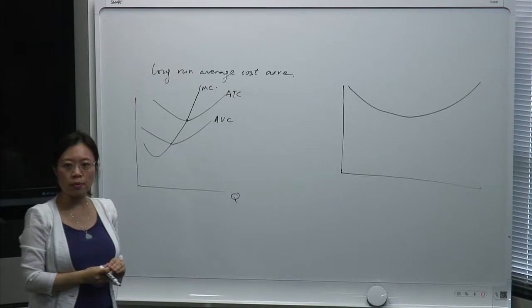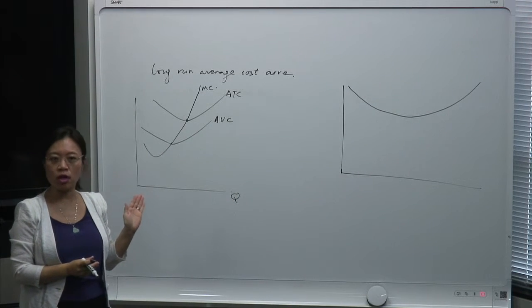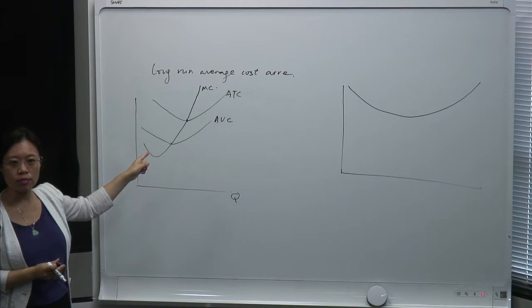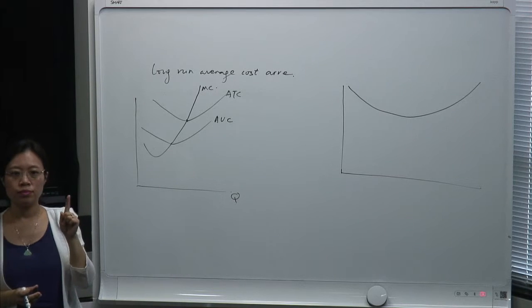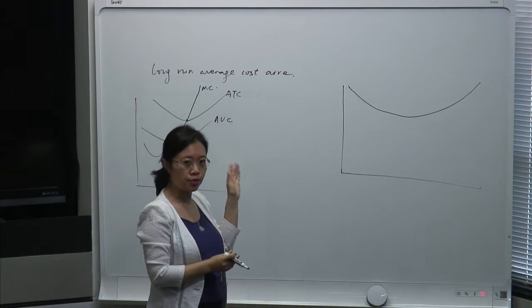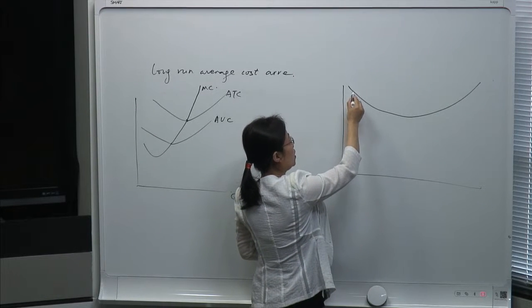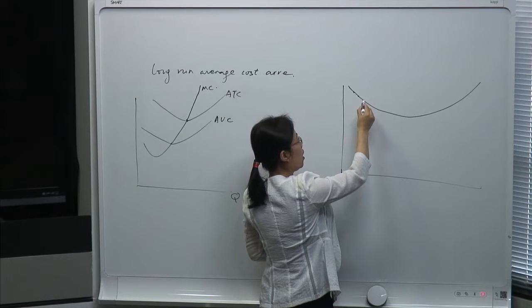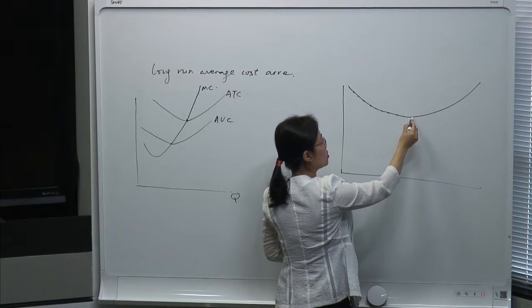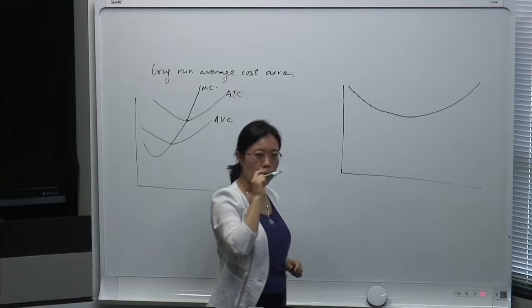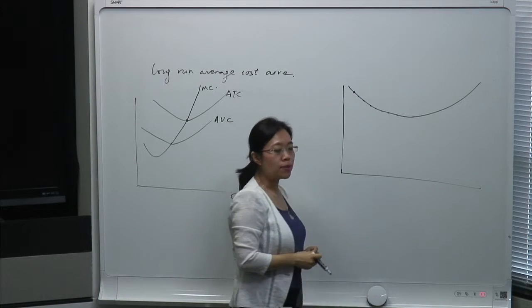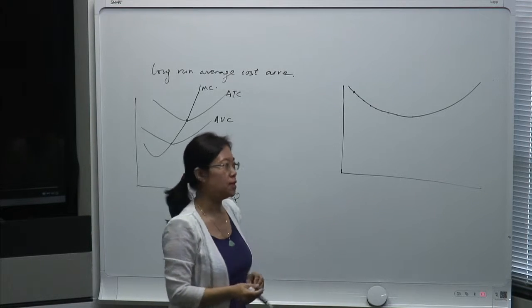This is the shape of our long run average cost curve. As you see, it's the same kind of shape, right? But now the long run average cost curve has a totally different meaning. There are infinite points along this long run average cost curve, right? But this time, each point represents a different scale of the business.